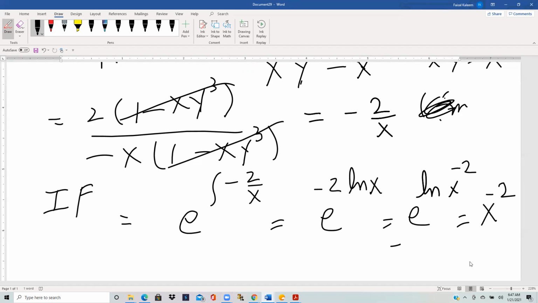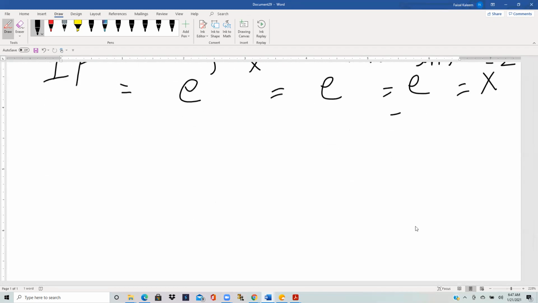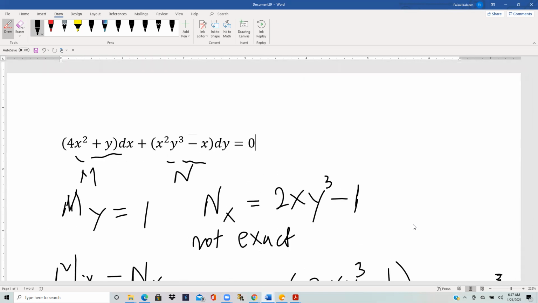So if we multiply the original equation by x to the -2, we get an exact equation. So what happens when we multiply this by x to the -2?